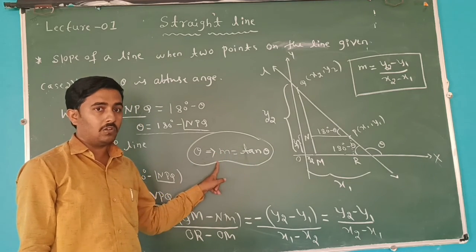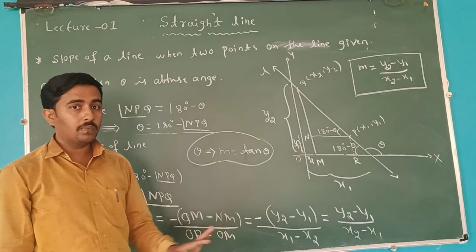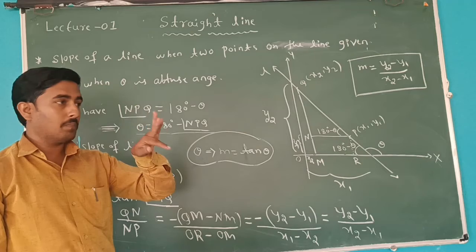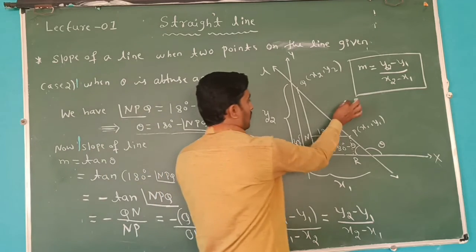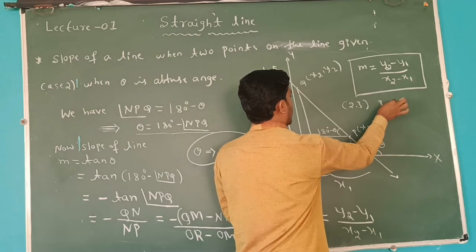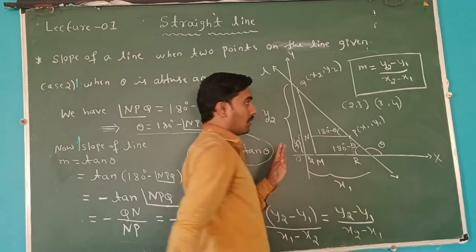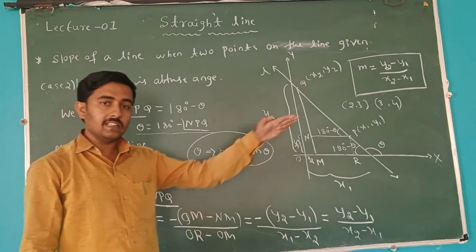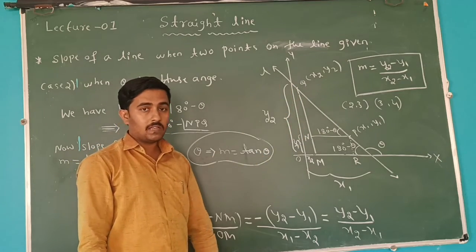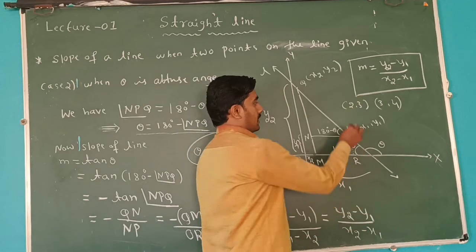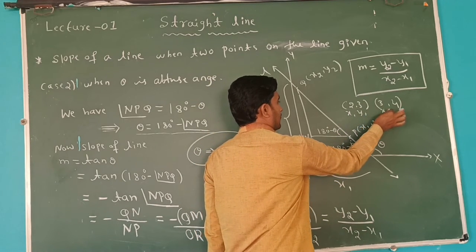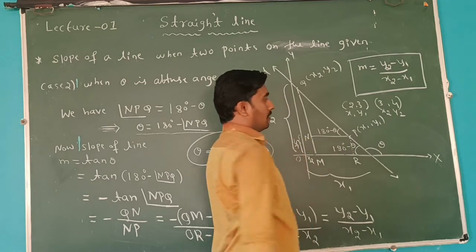If they ask to find the slope of a line passing through the points, for example 2, 3 and 3, 4, we use the formula y2 minus y1 divided by x2 minus x1. This is the coordinates x1, y1. This is x2, y2. Clear?